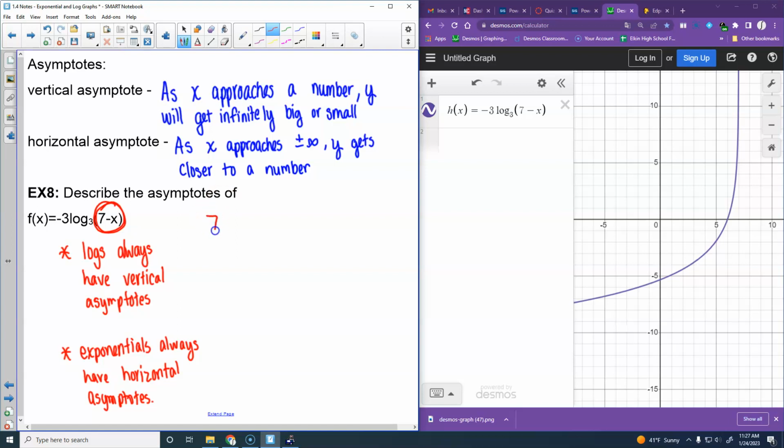So if I do 7 minus x equals 0, I could add that x to both sides. 7 equals x. So I have a vertical asymptote at x equals 7.